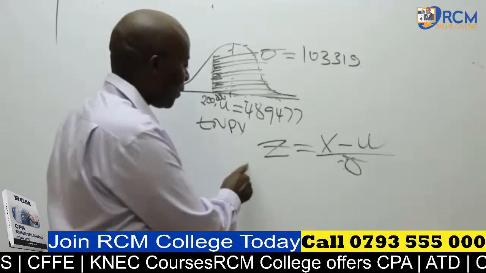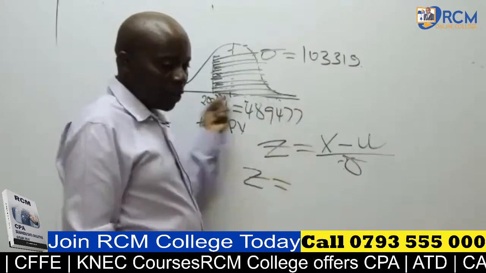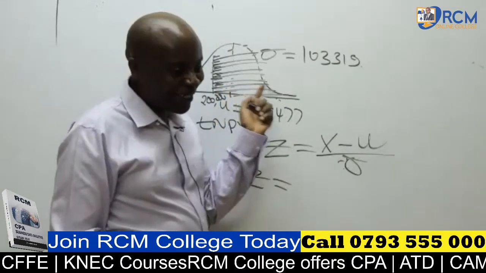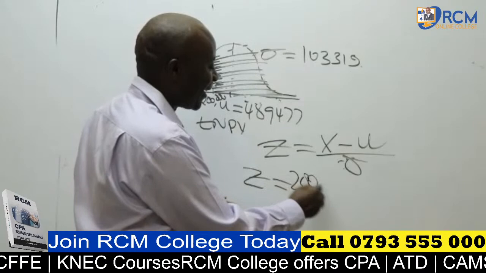In this case, my Z will be equal to, from your understanding, what will be the value of X here? 200,000 minus the mean.